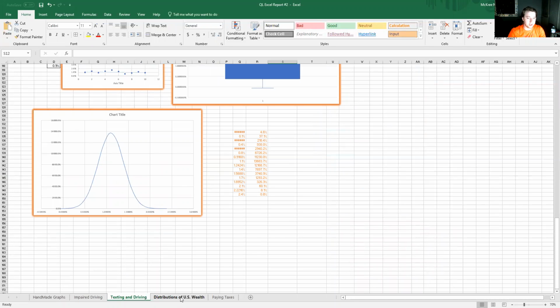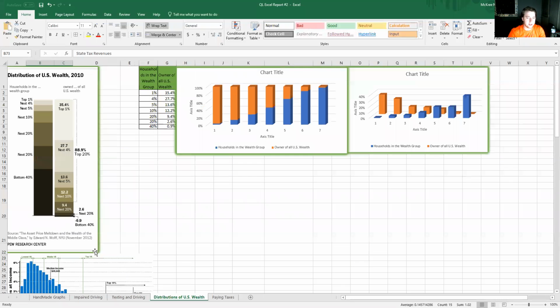And then going on to distribution of wealth in the United States. So as you can see, this is a chart of the distribution of wealth.